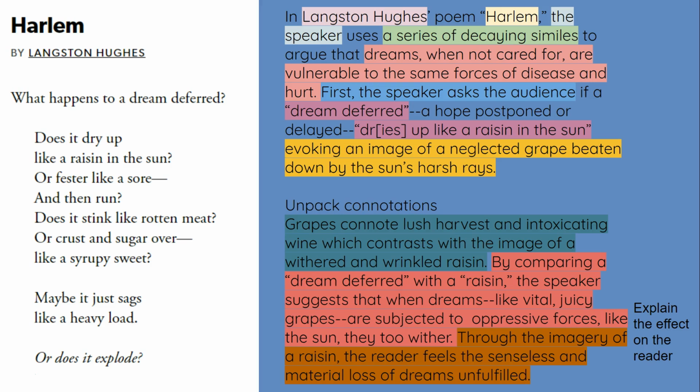But sticking here, this sentence says, through the imagery of a raisin, the reader feels the senseless and material loss of dreams deferred. This talks about how this image of a raisin in the sun is impacting the reader. It tells us that the reader feels bummed out. They feel lost. They feel empathy for what is happening.